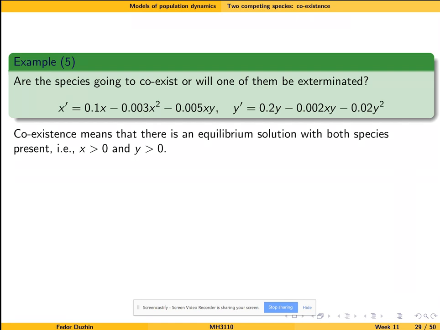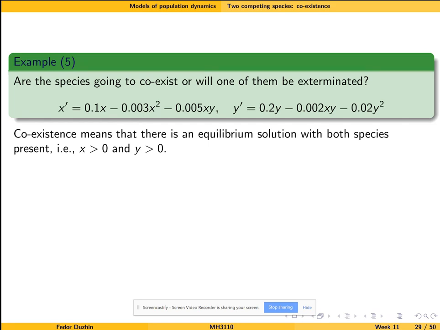And the third possible alternative is that one of the species is going to be extinct depending on the initial population. So if there are many more tigers initially in the forest, then they will outcompete the leopards. Or if there are many more leopards, then they will outcompete the tigers.